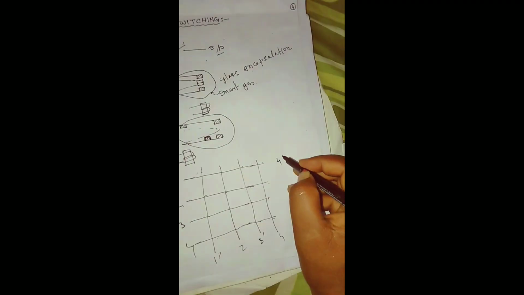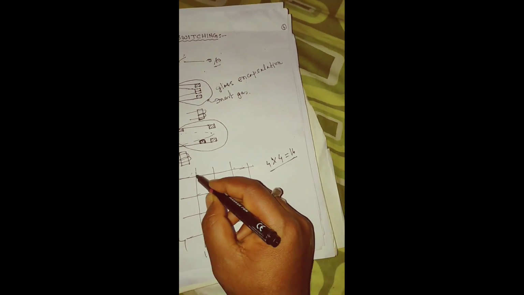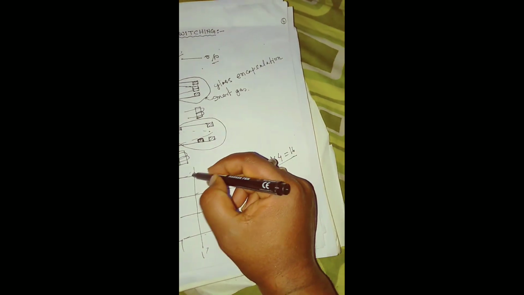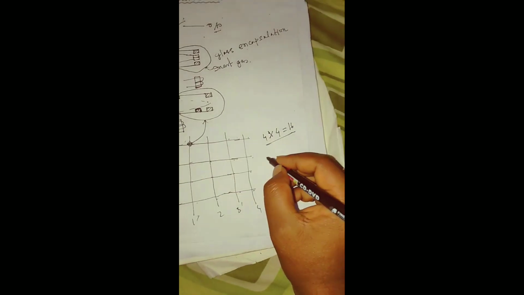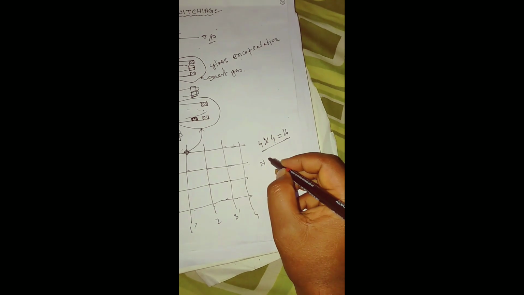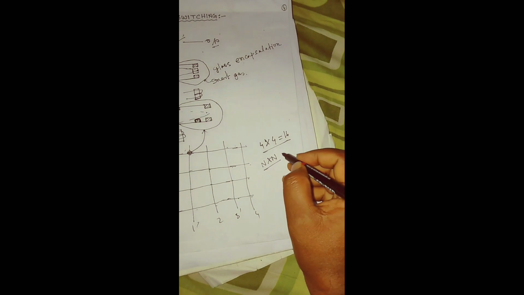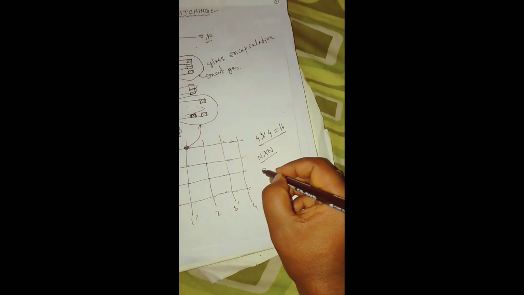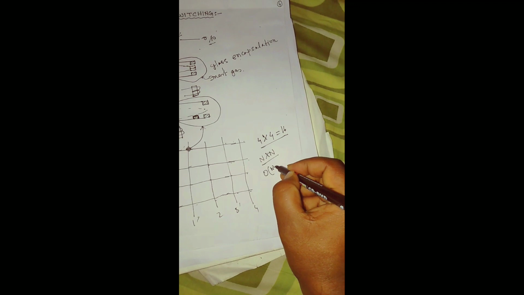So we have 4 subscribers here, we have 4 cross 4, that means a total of 16 cross points, and each and every cross point will look like this. Fine. So if we have n subscribers here, there will be n cross n cross points. So the complexity is basically O(n) square as the designing complexity.